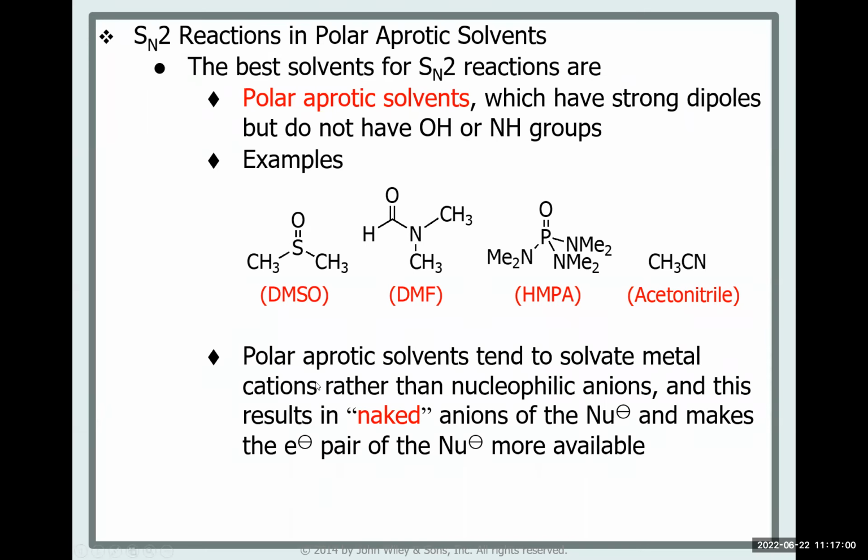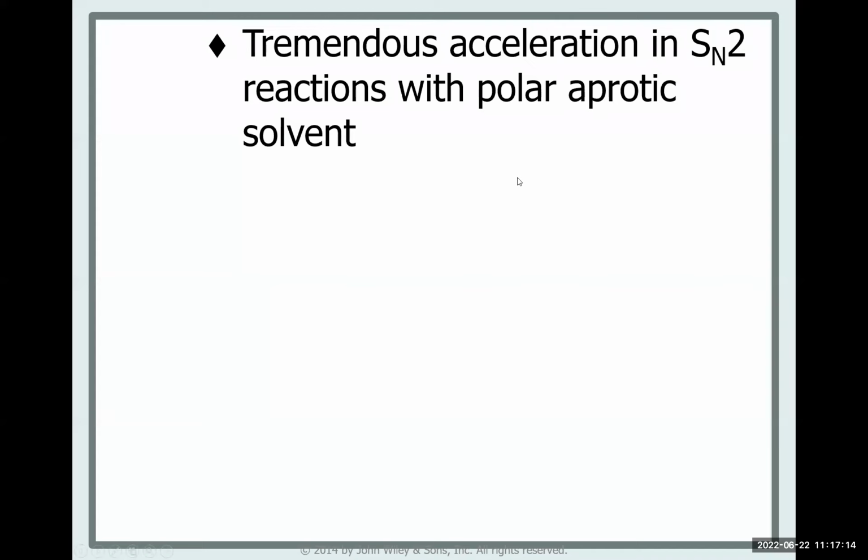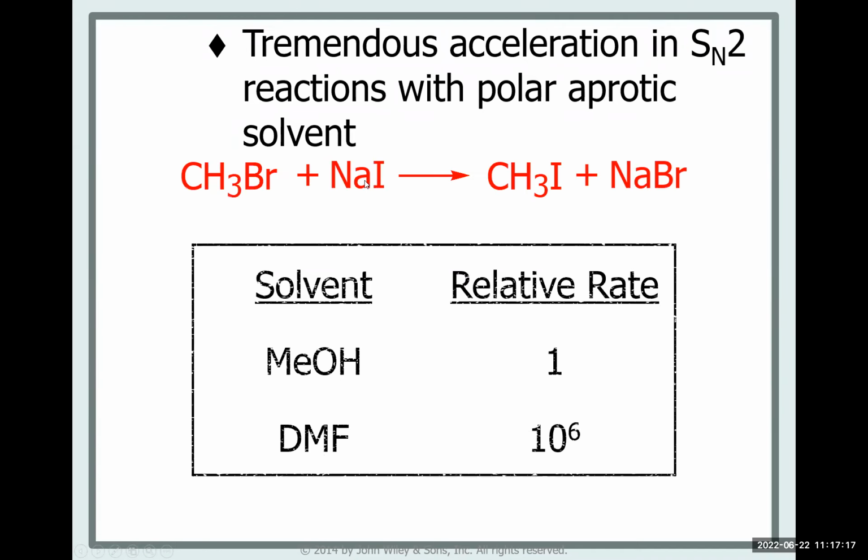Polar aprotic solvents will solvate metal cations rather than nucleophilic anions. So they focus more on those cations as well. So they're not really bothering the nucleophilic anion, which is acting as our nucleophile. So if you compare the rate between the two, like if you just have it in alcohol for this SN2 reaction, the rate is 1, and then it's up to what?